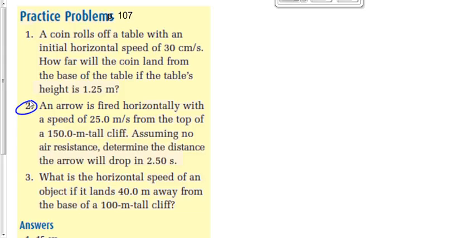It says, an arrow is fired horizontally with a speed of 25 from the top of a 150-meter tall cliff. We want to know the distance the arrow will drop in 2.5 seconds. So here's the cliff. Here's the arrow. And it's moving at 25 meters per second. We got a 150-meter high cliff.